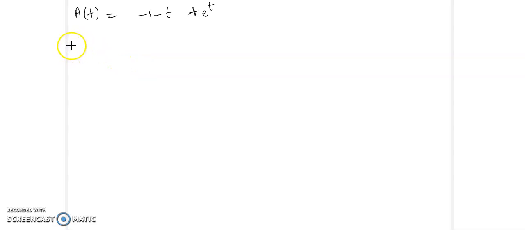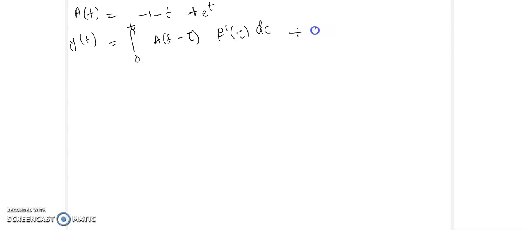Now then y of t will be equal to integral 0 to t a of t minus tau f dash of tau d tau plus f of 0 into a of t. Okay, so therefore we will get integral 0 to t.